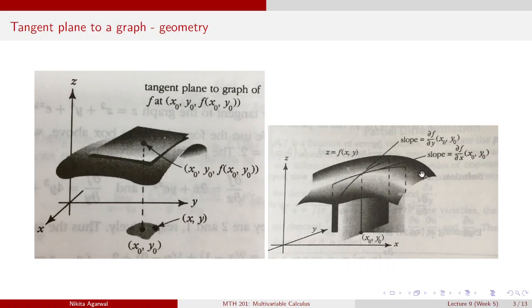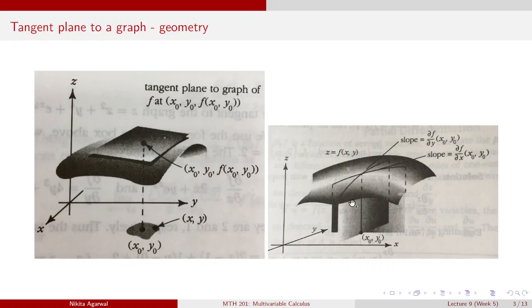So you get a curve, right? Because the y coordinate is fixed. Now at this point x naught, y naught, you look at the tangent line to this curve. Its slope is nothing but the partial derivative of f with respect to x at the point x naught, y naught. Right? This we saw last time.